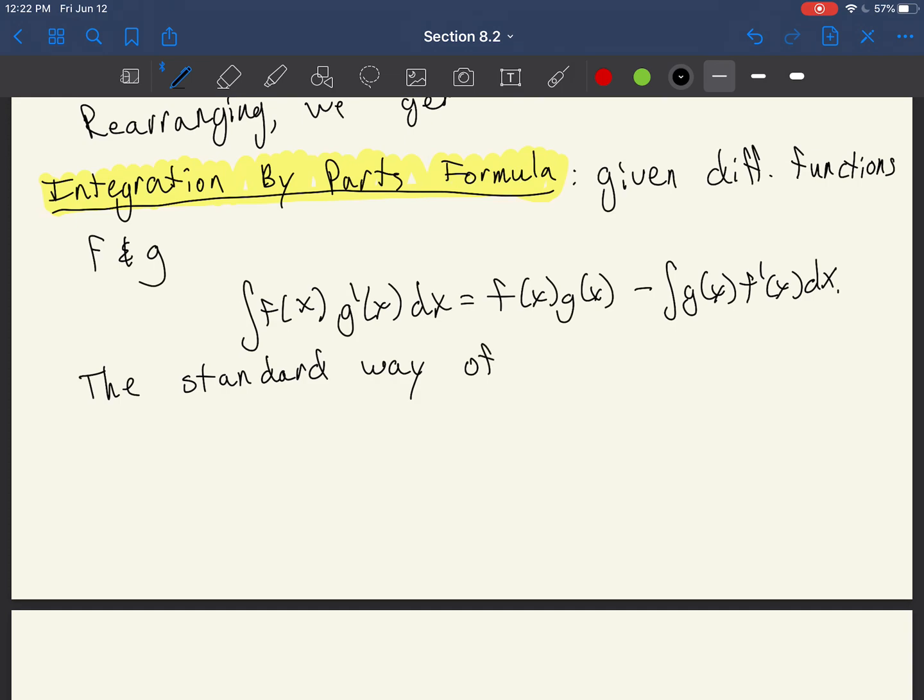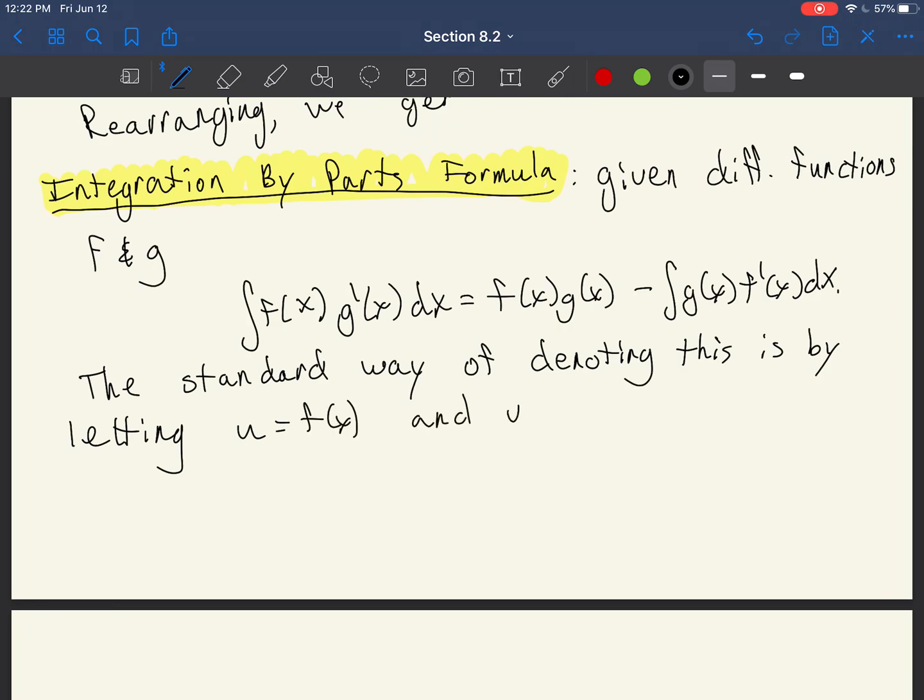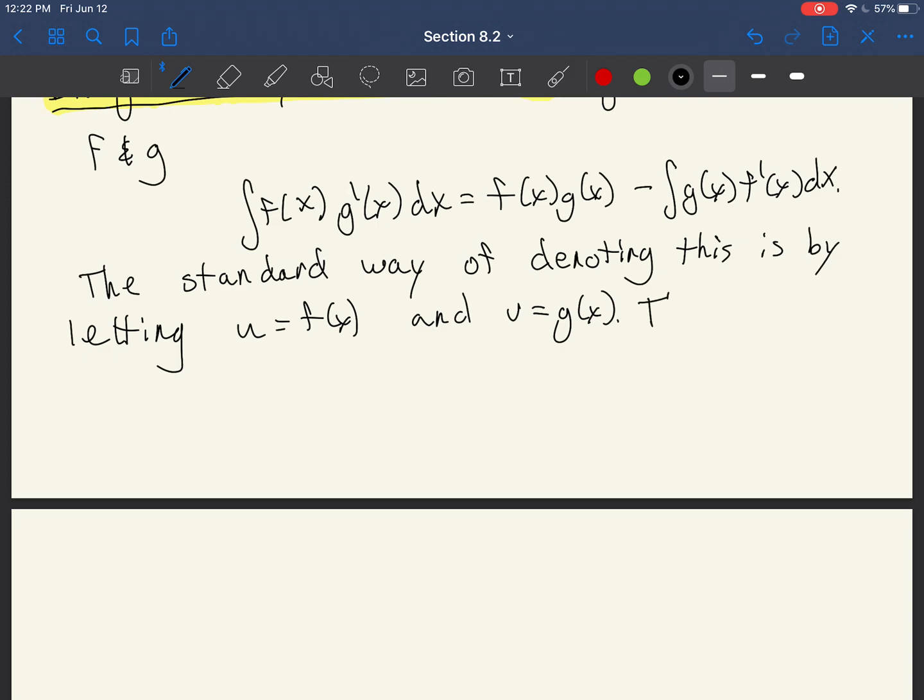So the standard way of denoting this is by letting u equal f of x and v equal g of x. Differentiate both of these and we get du equals f prime of x dx and dv equals g prime of x dx.